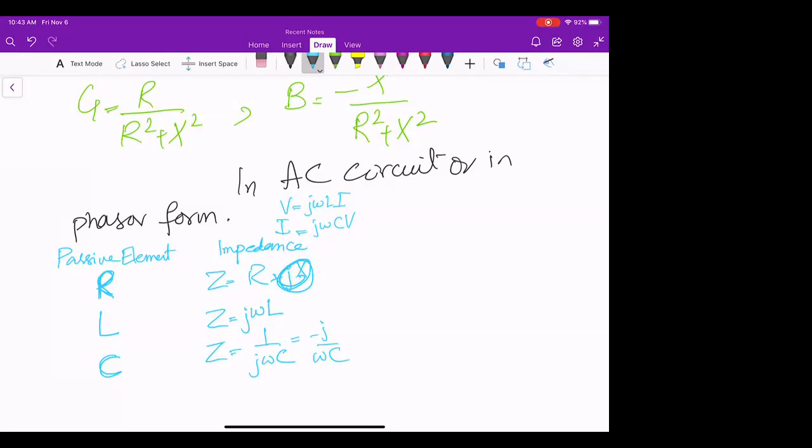So if this passive element is R, my admittance is 1 by R. If my passive element is L, my admittance will be 1 by J omega L, or minus J over omega L. Similarly, if my passive element is C in the circuit, the admittance will be J omega C, because it's the inverse of impedance. Right? Sounds good?